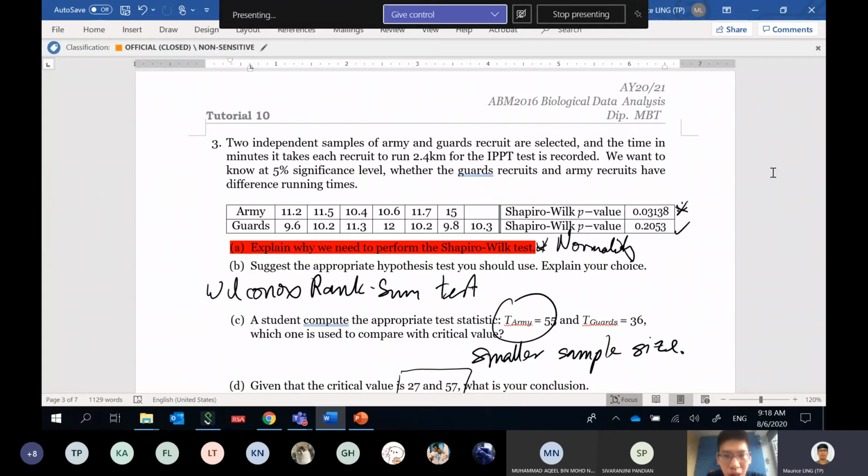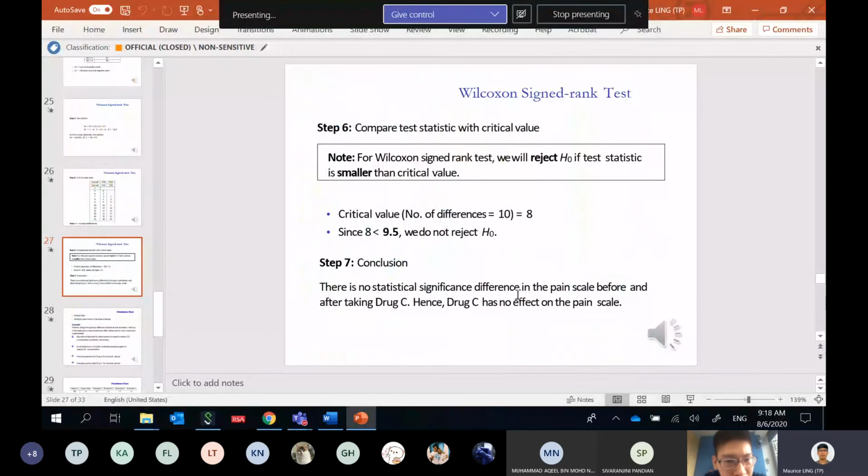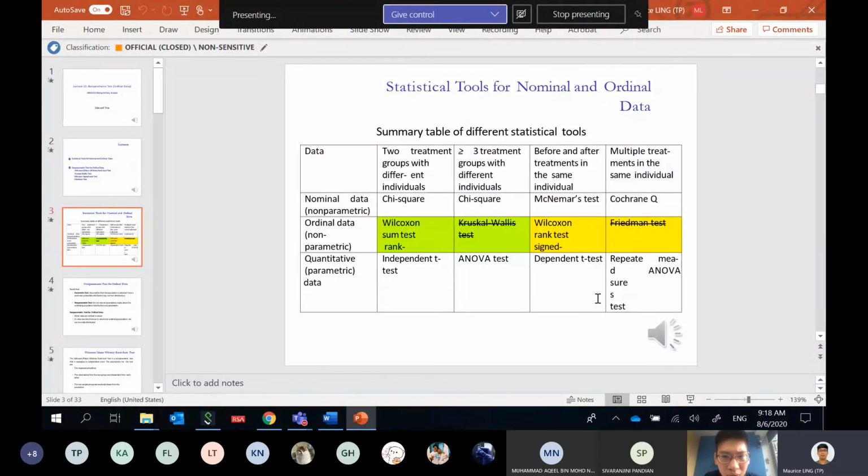If you realize, for two samples and repeated measures, you still have the Friedman test, which means there is a non-parametric version for two-way ANOVA. But for three-way, four-way, there's actually no non-parametric version. You still have to use ANOVA anyway. So there's a limit to non-parametric tests.